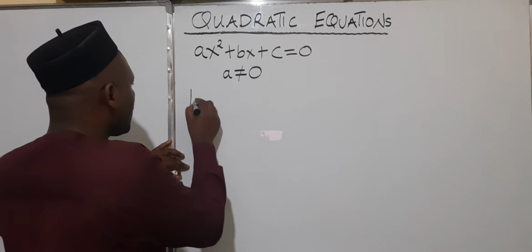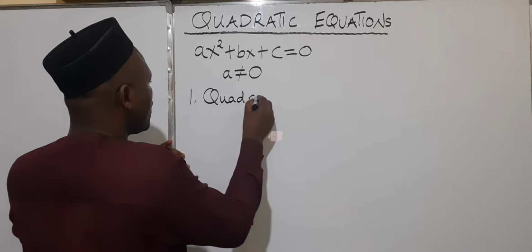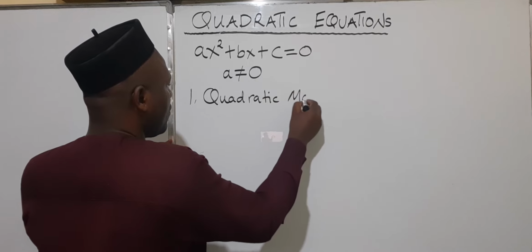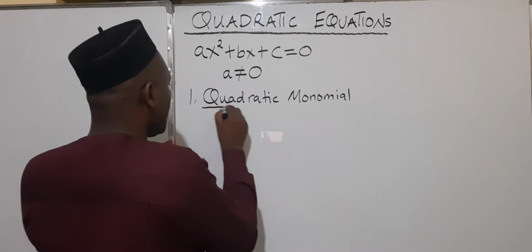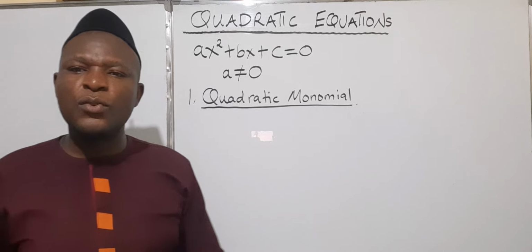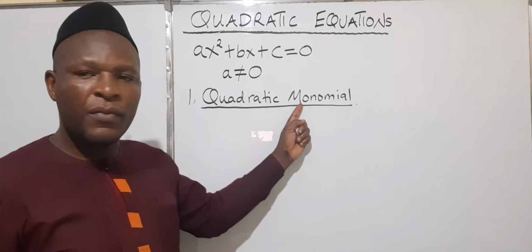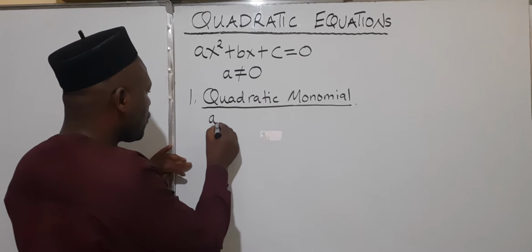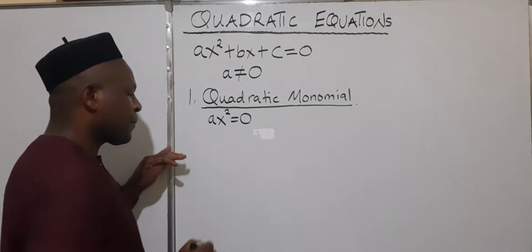The first one is called quadratic monomial. Quadratic monomial means it's a type of quadratic equation that has only one term equal to 0. It is coming from the word monomial. So you have a quadratic equation like this: ax squared equals 0.